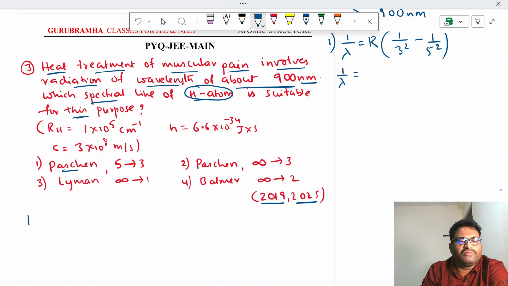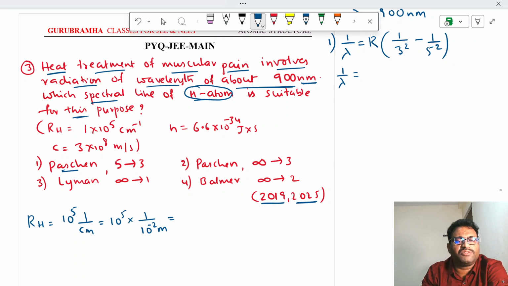So the R value, RH, is given as 10 power 5 per centimeter, which is equal to 10 power 5 into 1 centimeter, which is 10 power minus 2 meter, so it becomes 10 power 7 per meter. Okay.